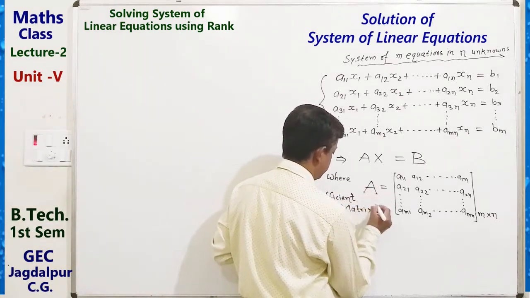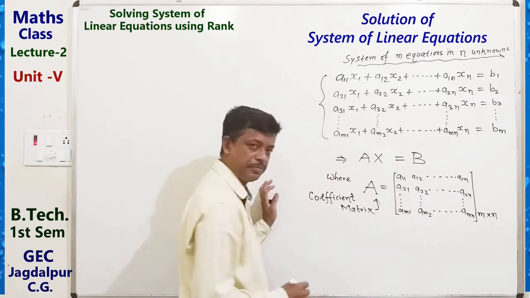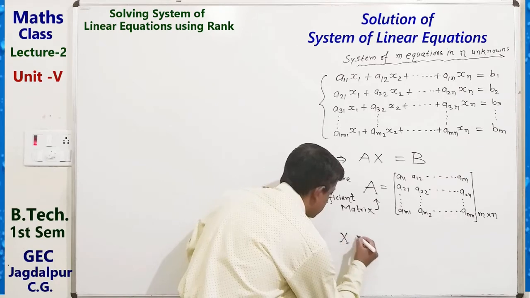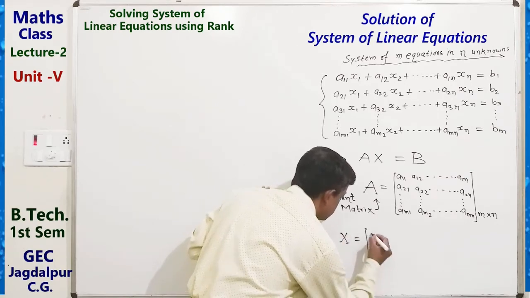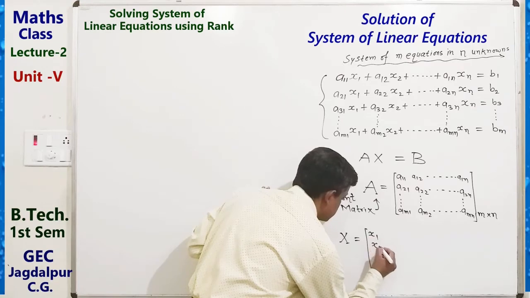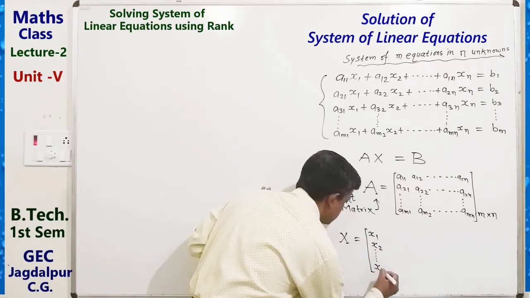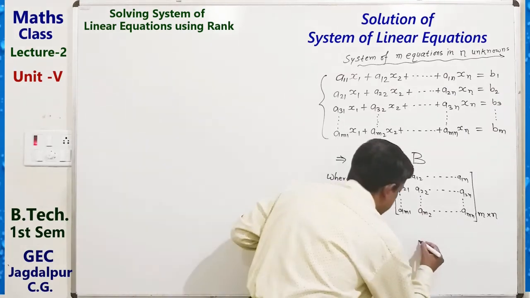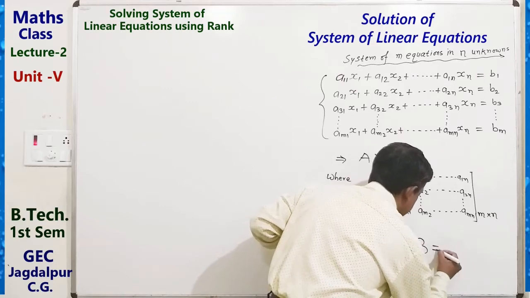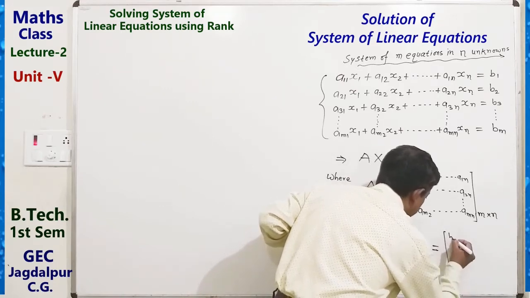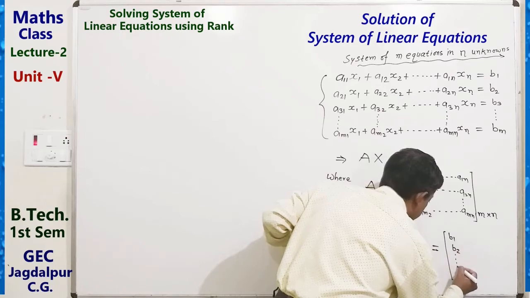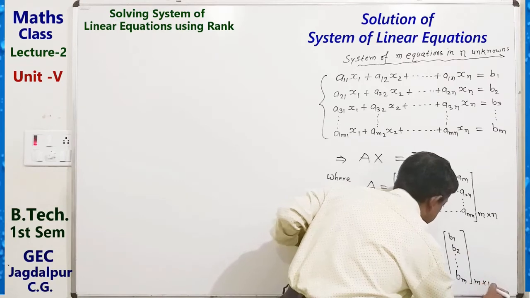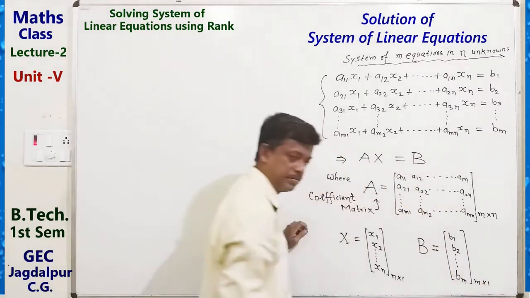And x equals x1, x2, up to xn, an n by 1 order matrix, and B equals b1, b2, up to bm, an m by 1 order matrix.